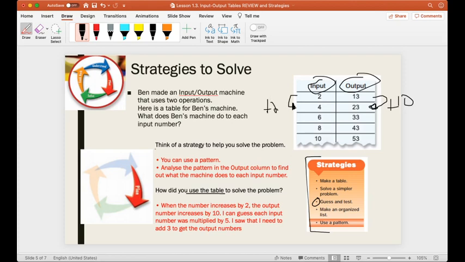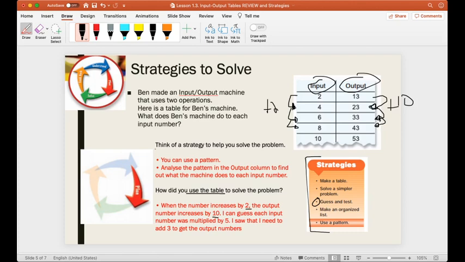You can continue this pattern, and it should be consistent. Same here, under each line, you're adding 10. So when the input increases by 2, the output increases by 10.